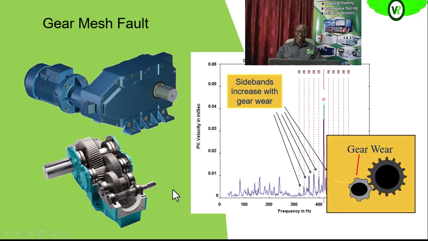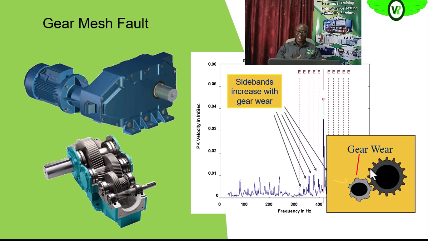Are we getting it? Which is notably around the gear mesh frequency areas. That is the number of teeth of one gear multiplied by the number of teeth of the other, the meshing gears. Are we getting it?